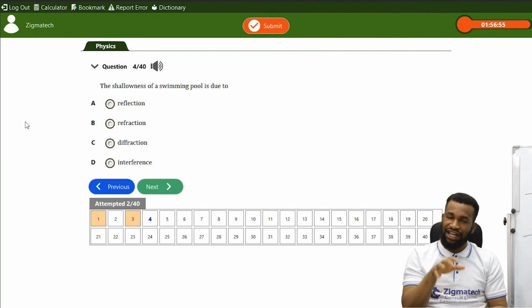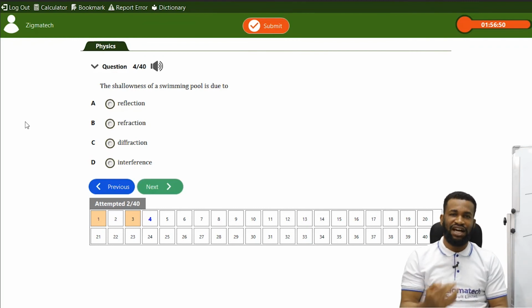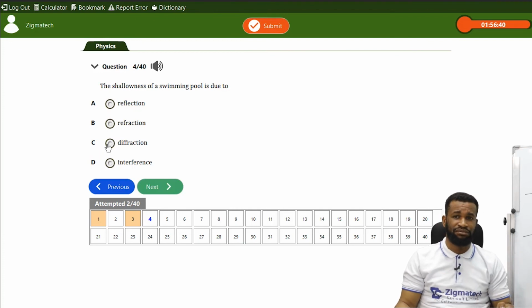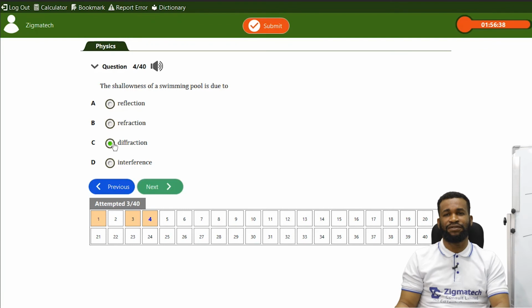That is, the apparent depth is more than the real depth. That is only caused by refraction, because refraction is the shallowness of an object inside another medium. So refraction is the right option for the shallowness of a swimming pool.